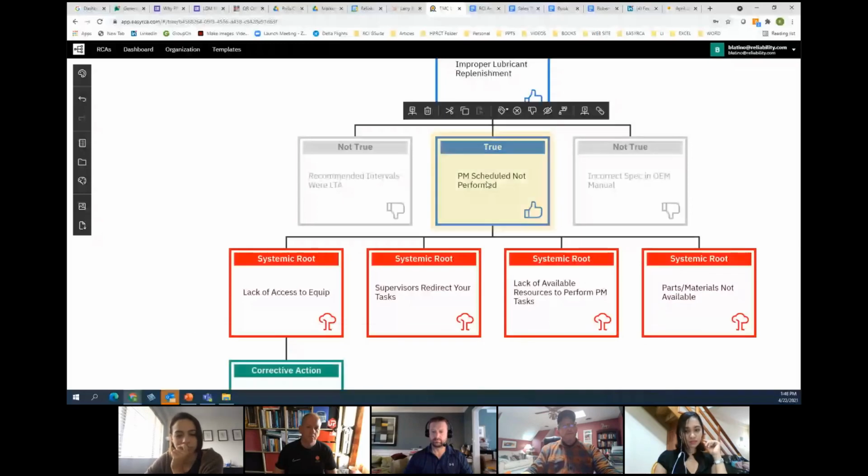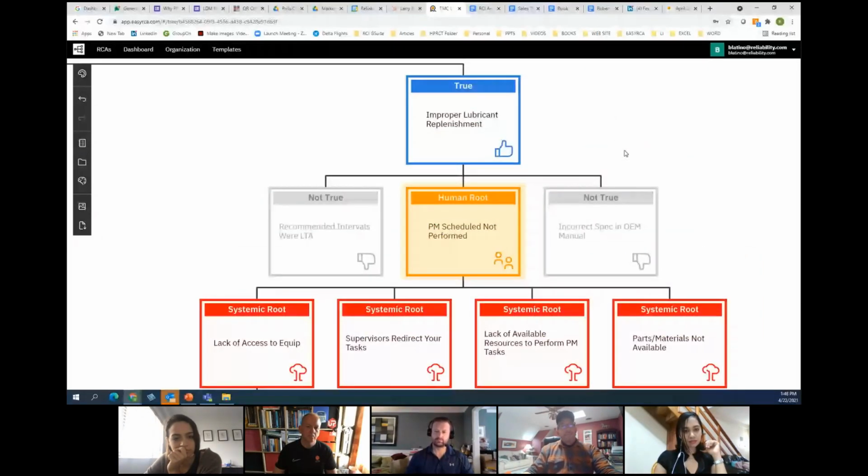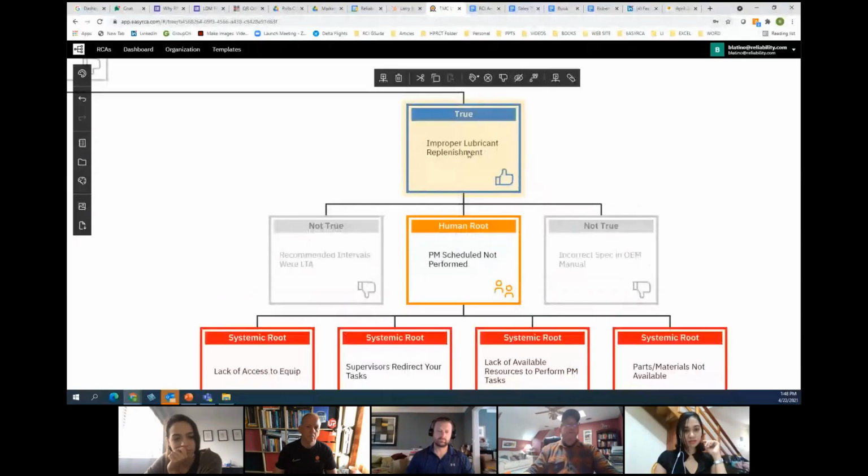So in here, to me, this is what I call a human root, which is just the act of making a decision. As a result of that, the first physical consequence that we can see is that we had improper lubricant replenishment. That's what I would call a physical root.